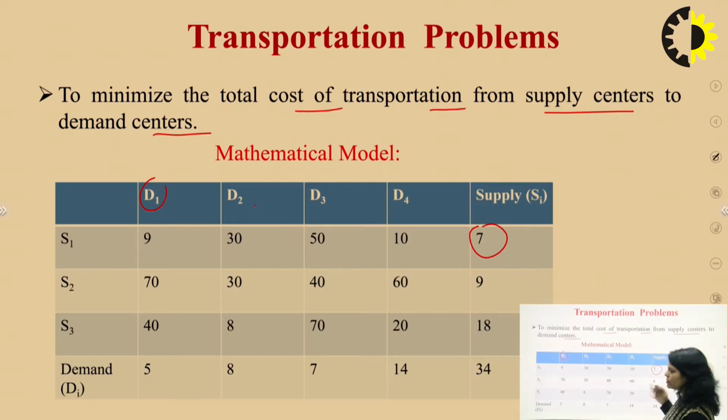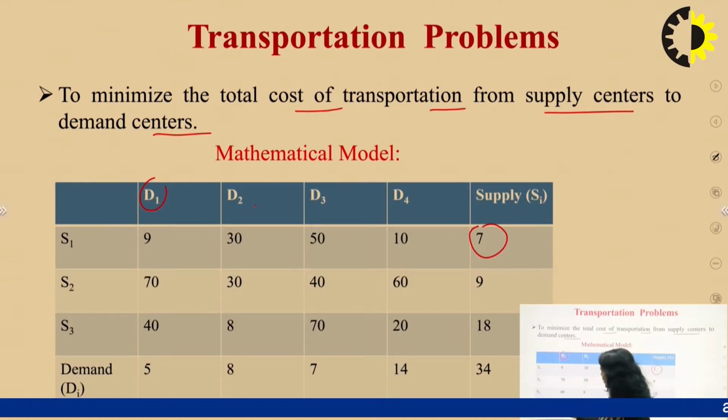This is the supply. Now the demand, or requirement, of the D1 distribution center is 5, at D2 it is 8, at D3 it is 7 and at D4 it is 14. So these two terms are the supply and the demand.